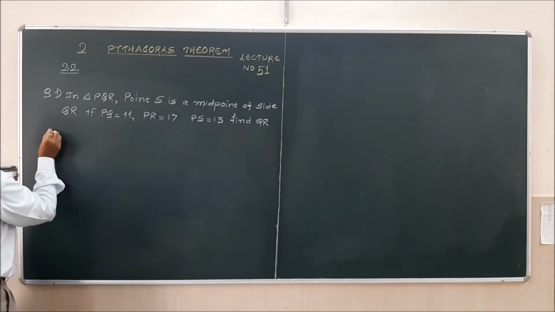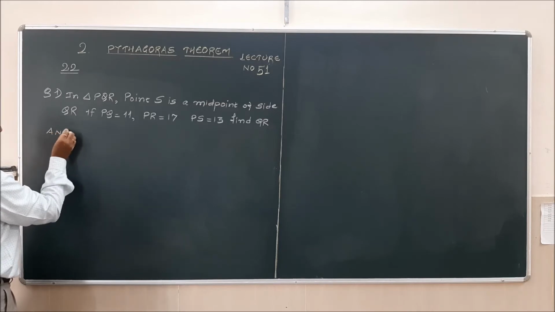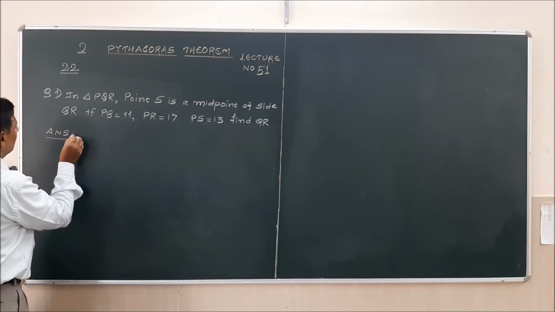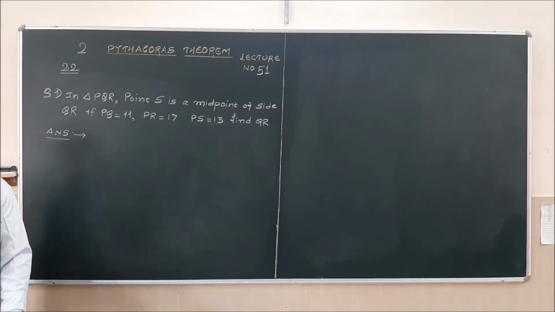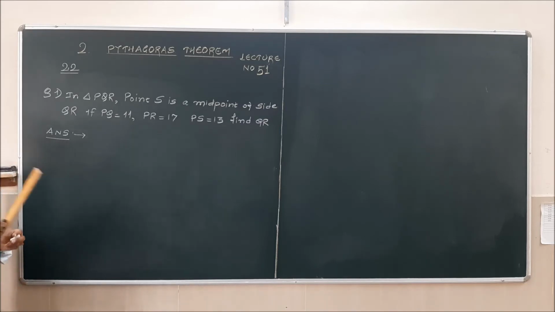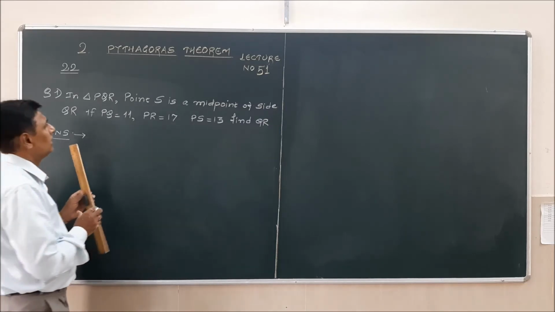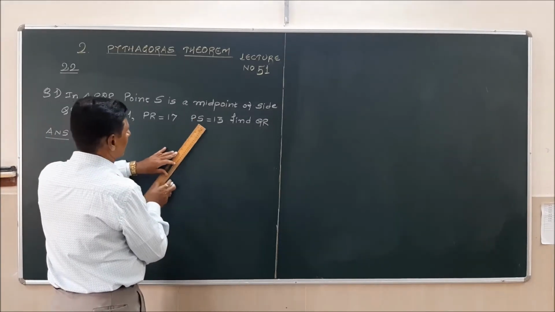Okay, I'm going to draw a figure, because this sum will surely need a figure. So please try to understand it. S is a midpoint of QR.